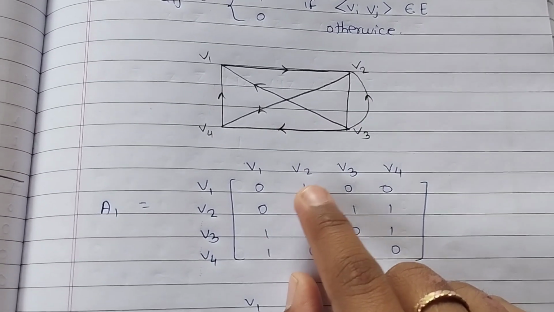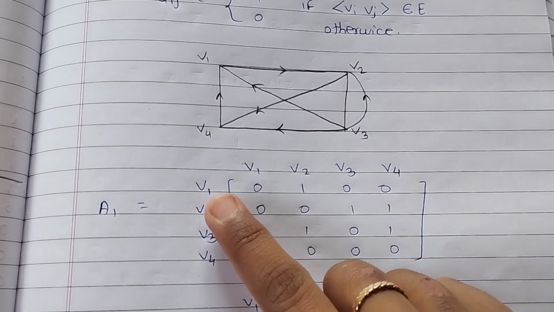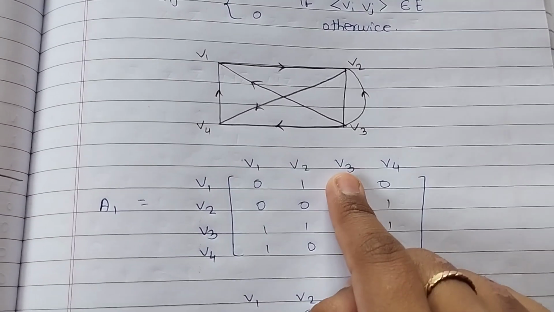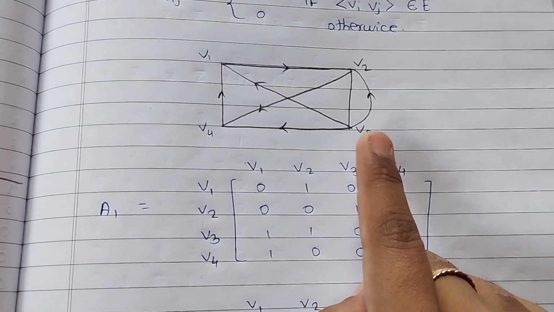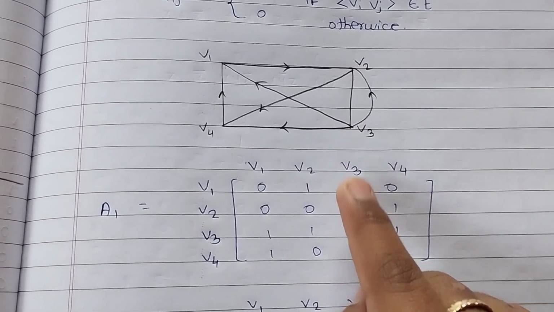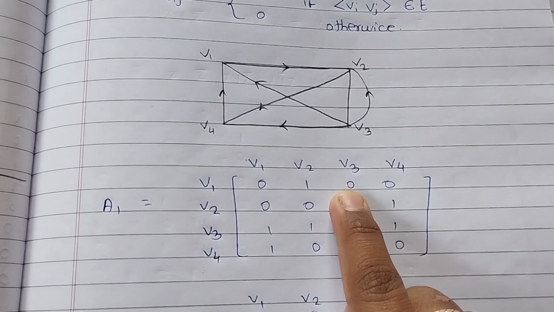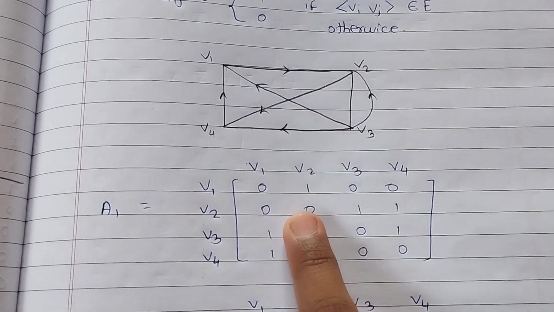Now V1 to V3, is any direct edge present? No, so we write 0. In this way we find out A1.